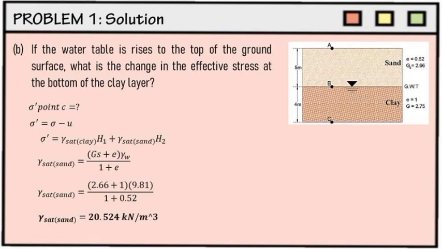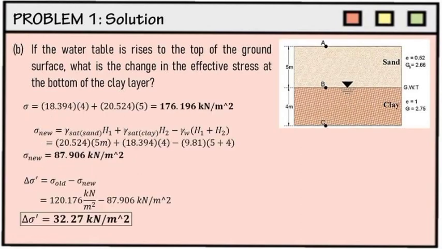So gamma saturation of sand is equals to Gs plus e multiplied by gamma w, the unit weight of water, over 1 plus e. Just substitute 2.66 plus 1 multiplied by 9.81 all over 1 plus 0.52. We can get gamma saturation of sand is 20.524 kilonewton per meter cube.